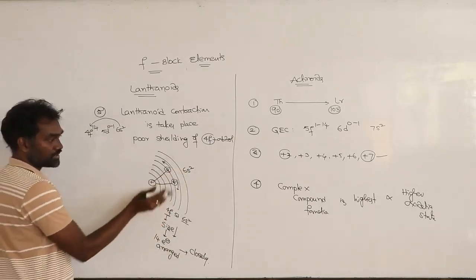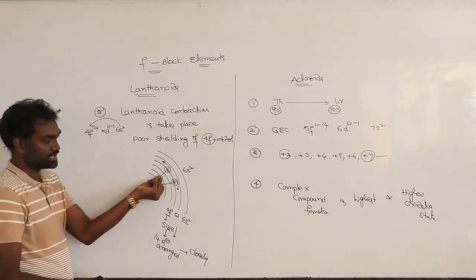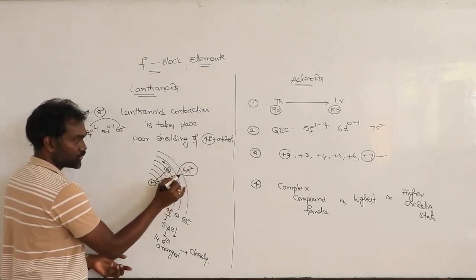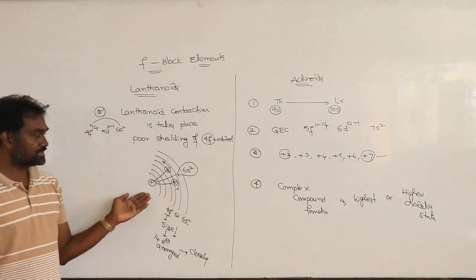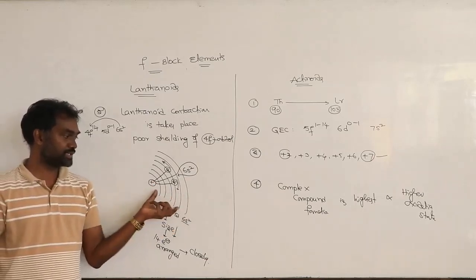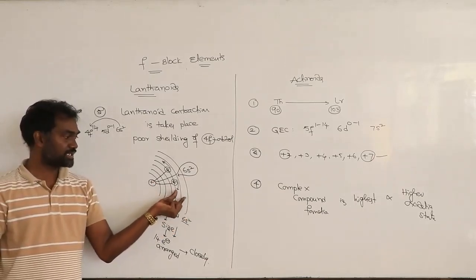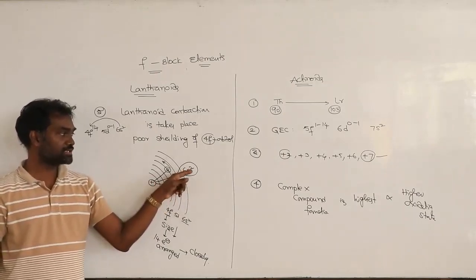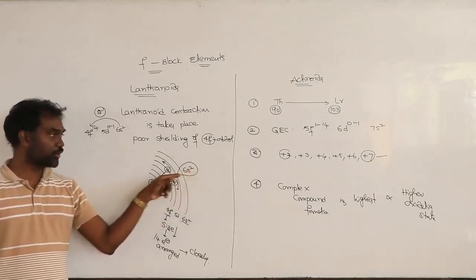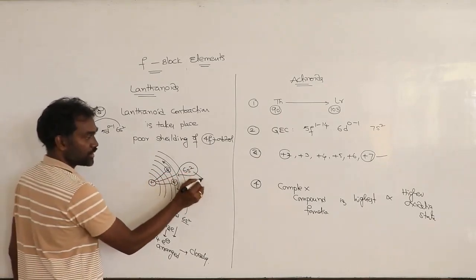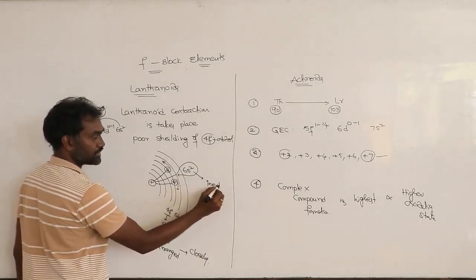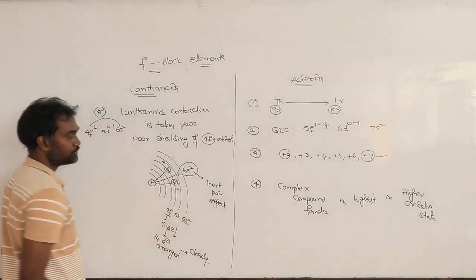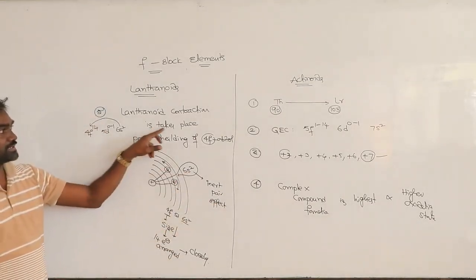Because of this repulsion, the nuclear charge goes outside and pulls the 6s2 electrons inward. Generally, as we go down the group, size increases, but our expected increase is not available, so it decreases. The 2 electrons do not come outside easily, they go inside. That is also called the inert pair effect. Simply, this concept is called lanthanide contraction.